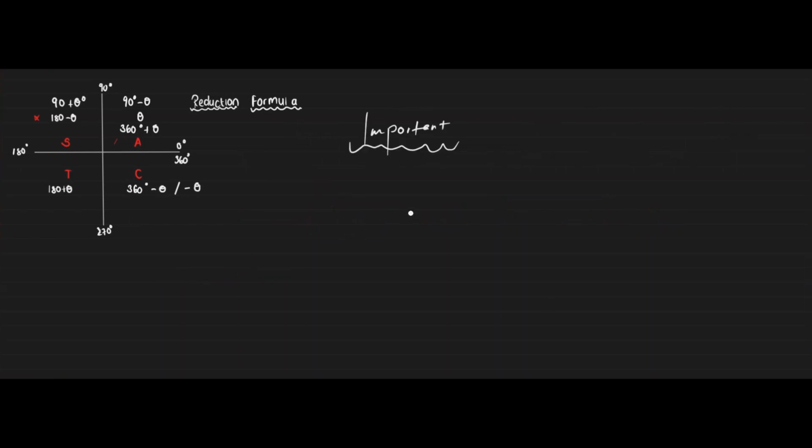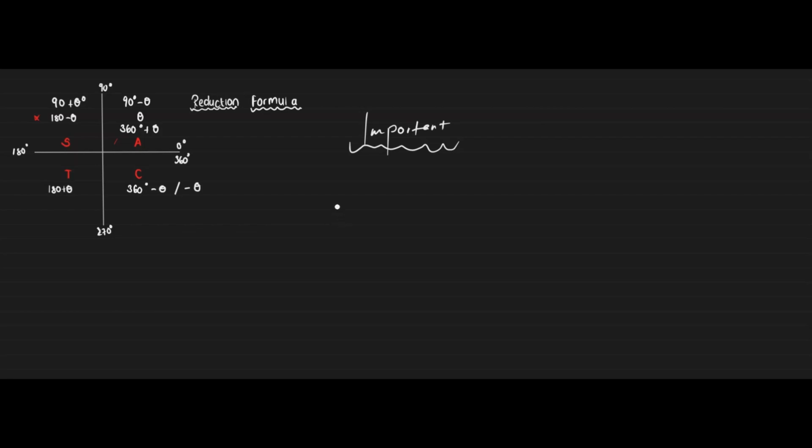So now I want to talk about the important information that's going to really help you when solving any reduction question. If we're dealing with 180 plus, 180 minus, 360 plus, and 360 minus, we look at the trig ratio, we look at the cos diagram, and we just look at where it is negative and where it is positive on its respective trig ratio, right?